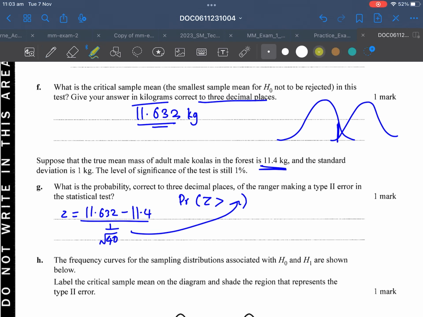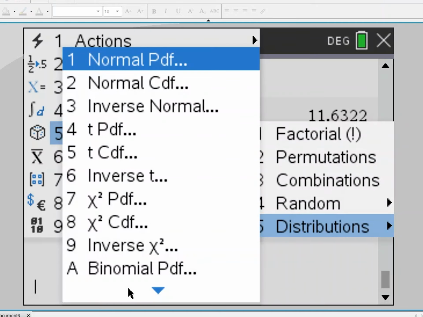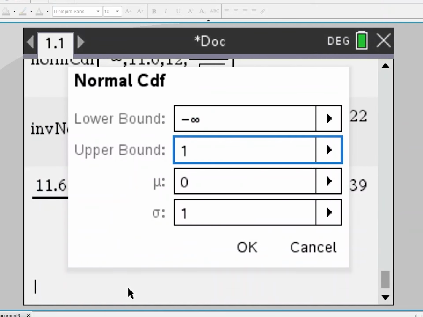So that's our z value over here, and now we can just do menu 552. I'm just going to put 1 for now, and then we can adjust everything later. So instead of negative infinity, our lower bound is going to be that, our upper bound is going to be infinity, and so our answer is going to be 0.071. Okay. Oh, okay, wow.